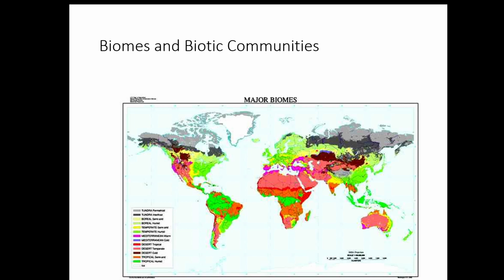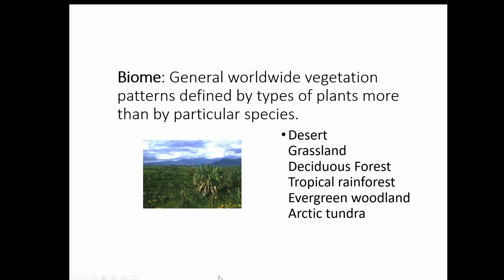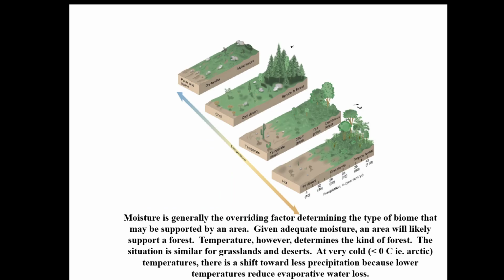But today, in this lecture, I want to concentrate not so much on biomes, but biotic communities. And biotic communities are subsets of a biome. For example, just in Arizona, we have 4 types of desert.